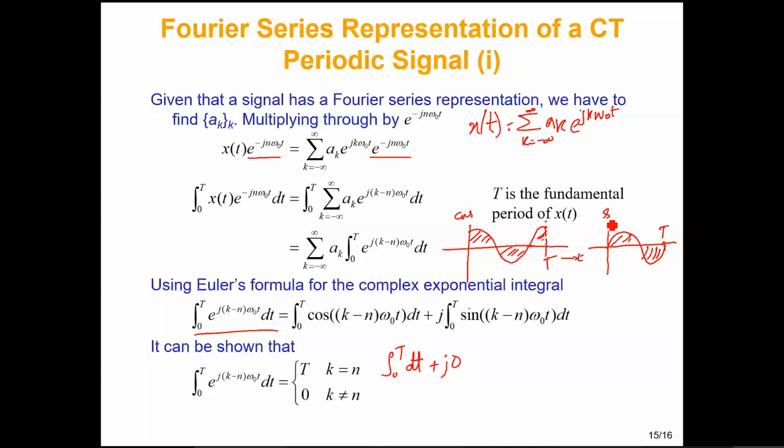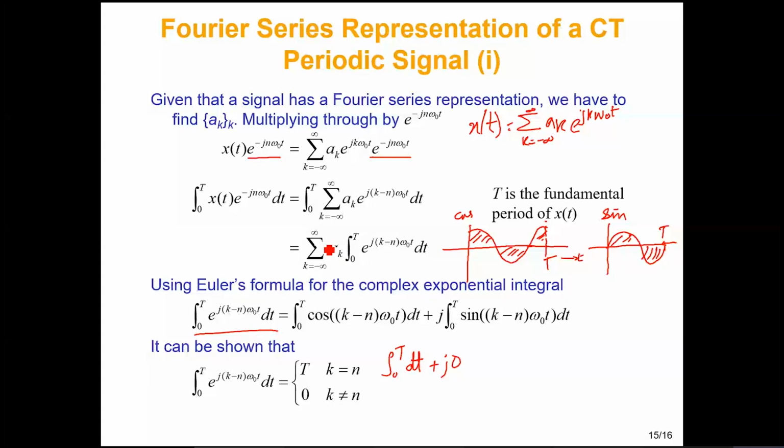So this is what we have. This integral will have a value equal to T at k equal to n, and at all other values of k it will be 0. Now, this integral lies inside the summation, and in this summation we have values of k ranging from minus infinity to infinity.